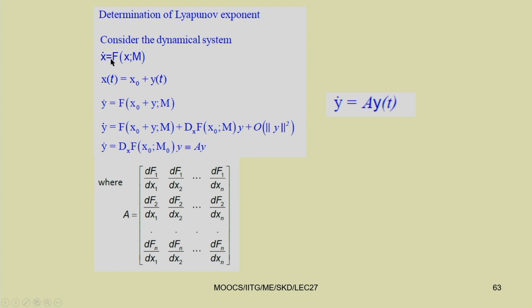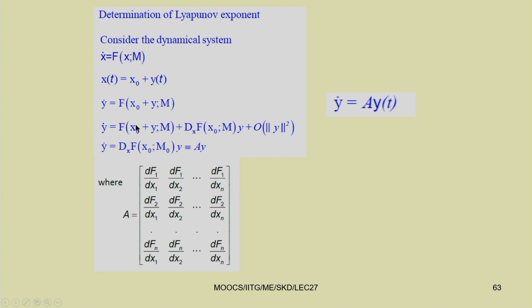If you substitute it in this equation, then x0 dot equal to 0, and x dot equal to y dot. So, we can write y dot equal to f(x0 + y; m).